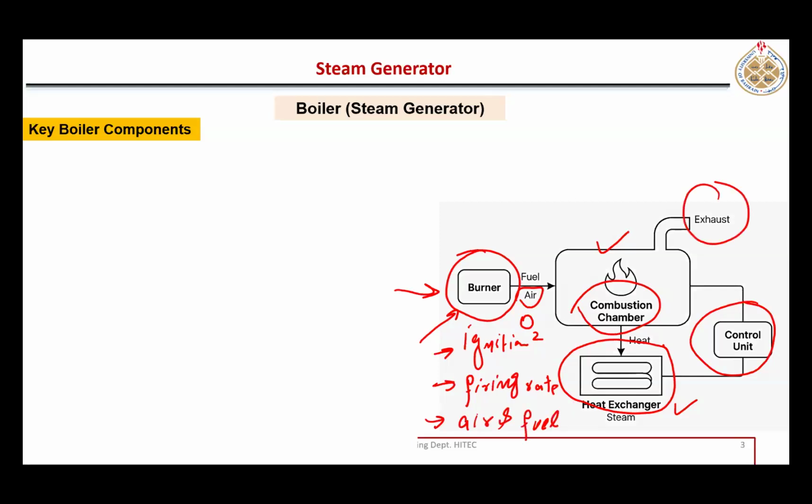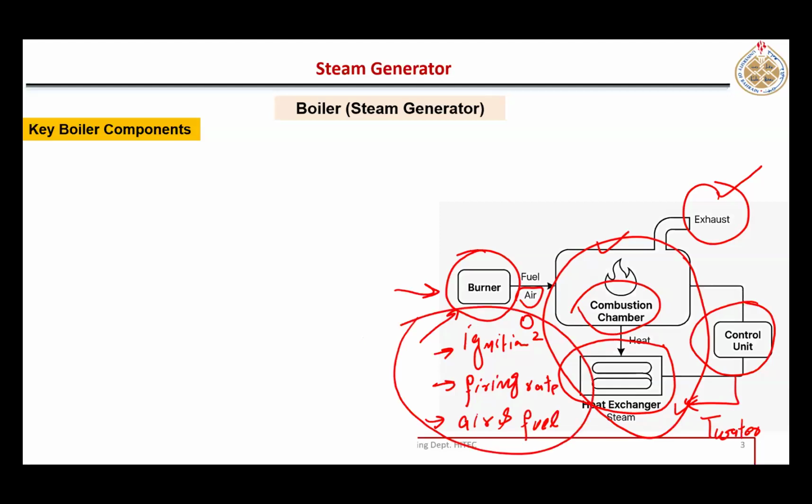Also, this exhaust draft: these exhaust gases should leave the structure easily without creating any extra pressure here. And this control unit is also monitoring the water temperature which is required, and also pressure, so that accordingly it will control the ignition, firing rate, or air fuel supply. So these are the basic components which are shown in the form of a schematic for any boiler.